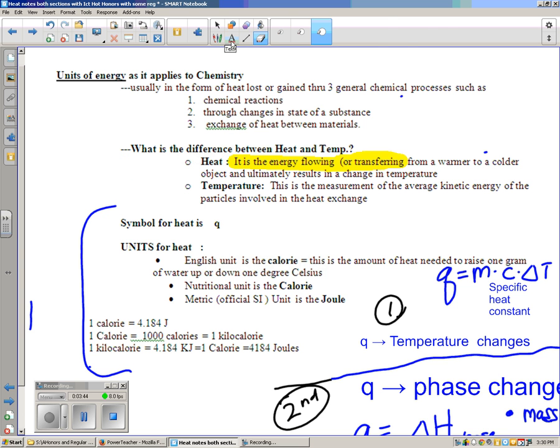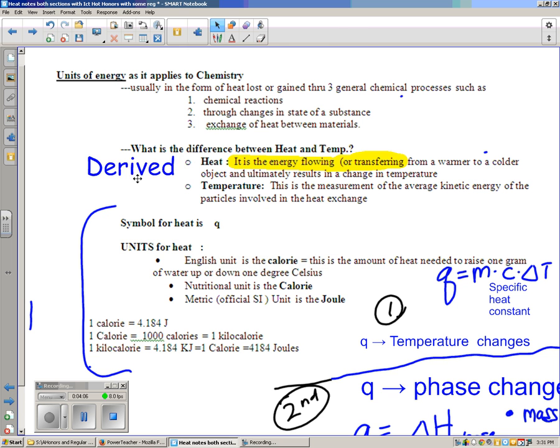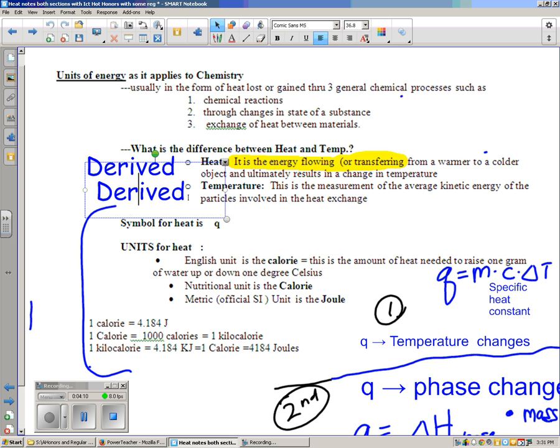Okay, so we want to make sure that we get that. Heat is derived, means you have to calculate it and do a lot of math calculations, the kind of derived unit we talked about earlier in the year, and temperature is a base unit.